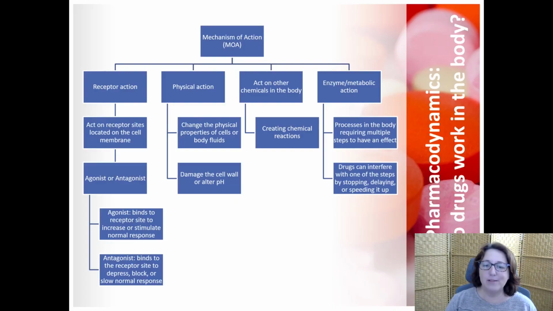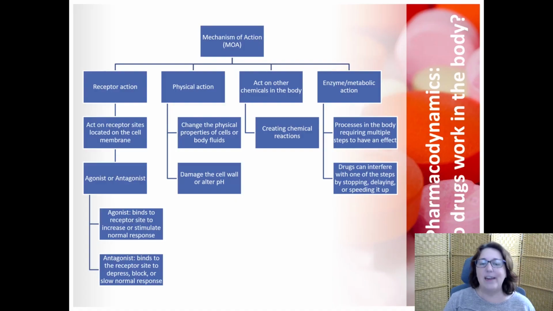Remember, drugs are chemicals, so it can be a chemical acting on another chemical because our body runs on continual chemical reactions. And when a new chemical, like a drug, enters the system, it can change or interfere with cell function. The last way that it can act in the body is through our enzyme or metabolic action. So enzyme systems work in a cascade.